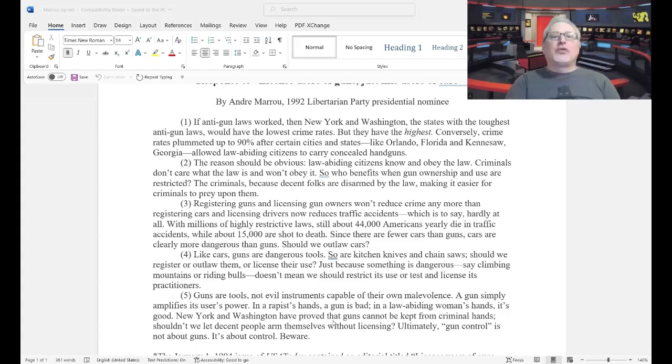Anyway, as I was saying, this text is short. It doesn't have any section headings, doesn't appear to have an introductory paragraph. It does have paragraph breaks, though. So it's quite possible that some of these paragraphs will contain subordinate arguments.